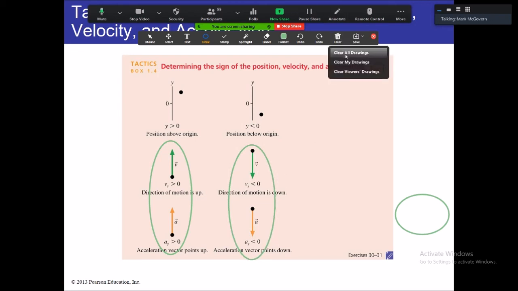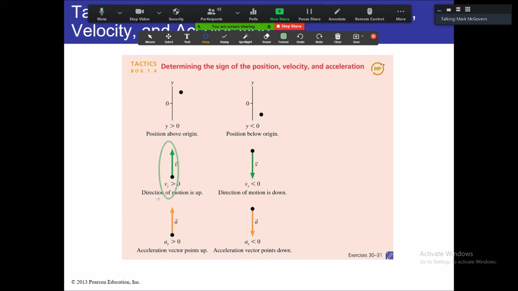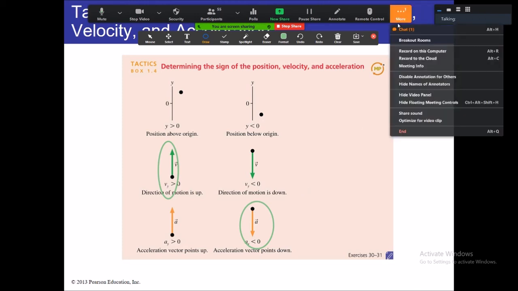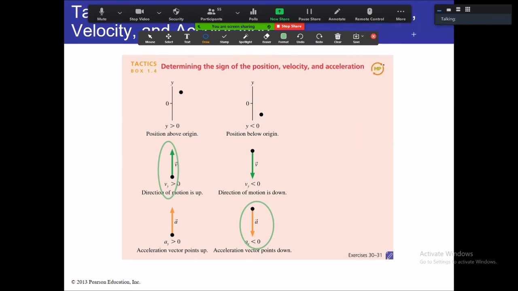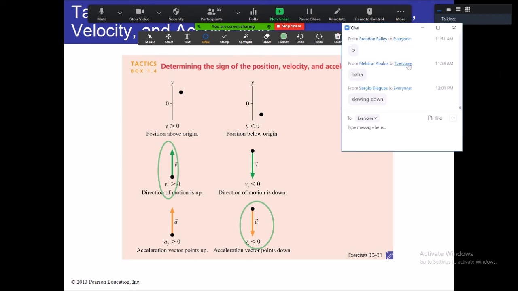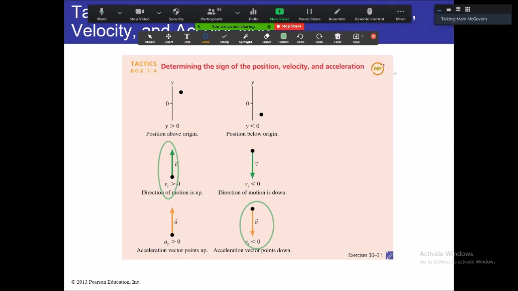Now, what if I were to compare this vector with this acceleration vector? Those point in opposite directions, so we're slowing down. Not slowing up. It could be speeding down, but we're not going to do that either.